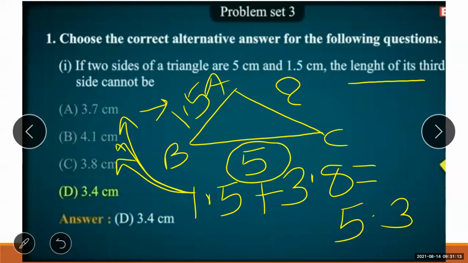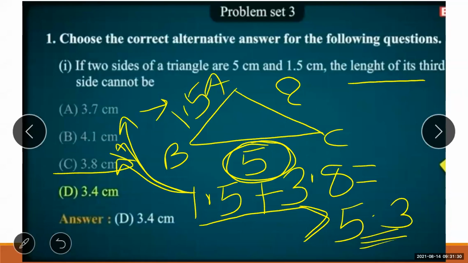So that is also greater. The sum of two sides is greater than the third side, and the third side is 5, so that will not be the answer.